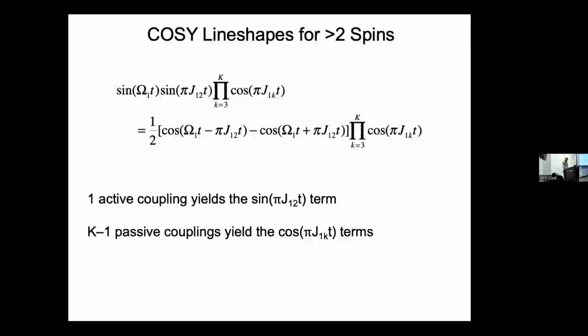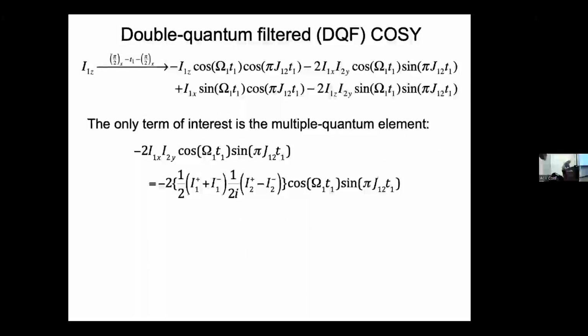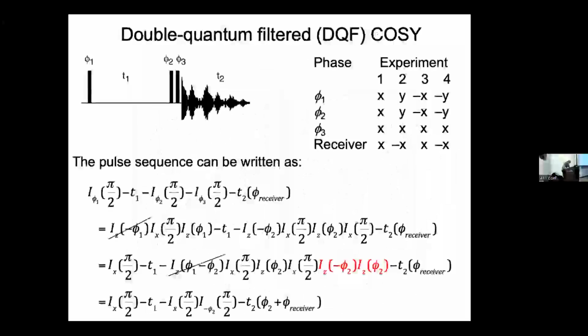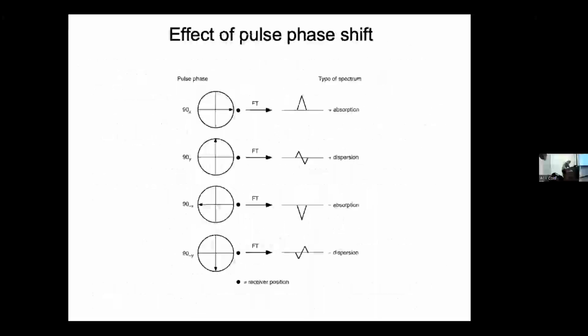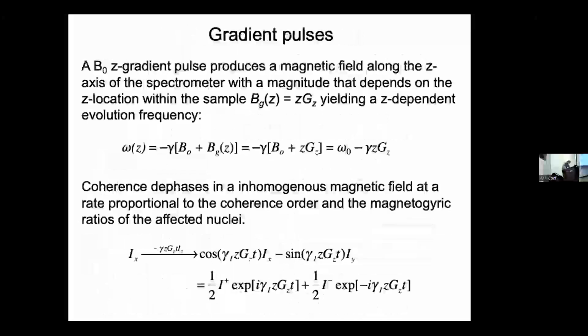Let's see where we are. We're almost to the end. So that is it; skip the double quantum filter COSY for now. Let's see if there's something else I want to say right towards the end.